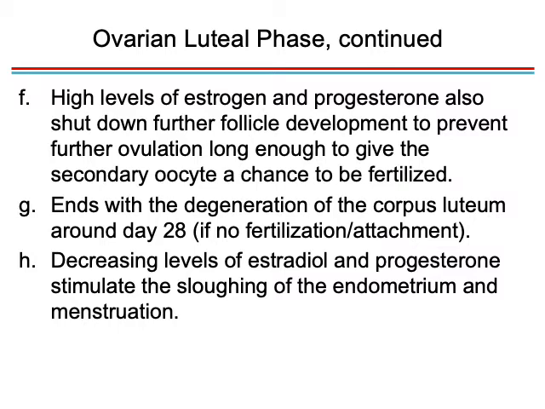The increase in prostaglandin levels within the smooth muscle of the uterus causes smooth muscle contraction, or menstruation.